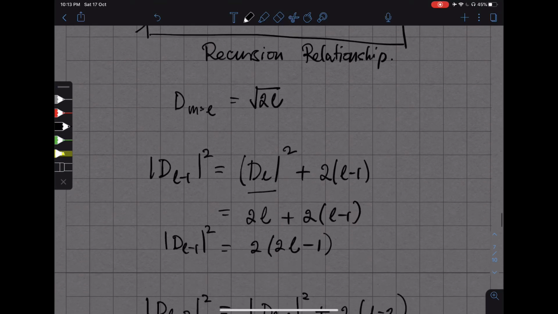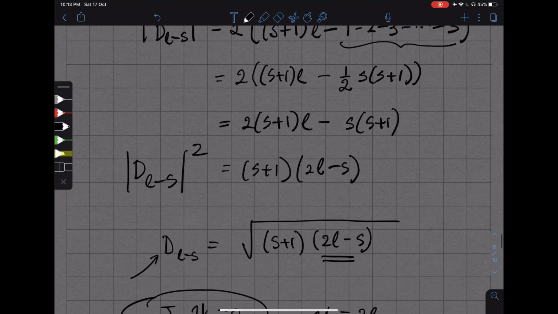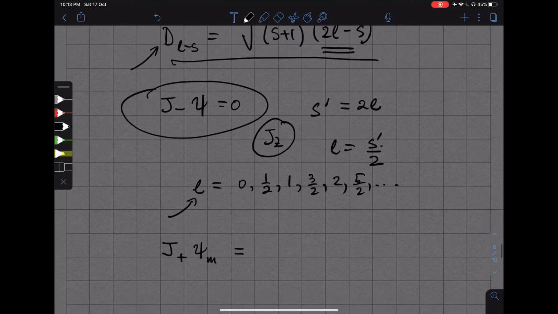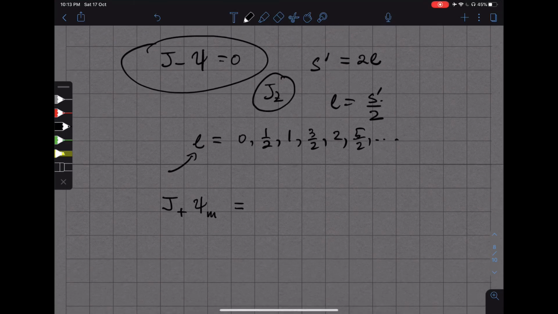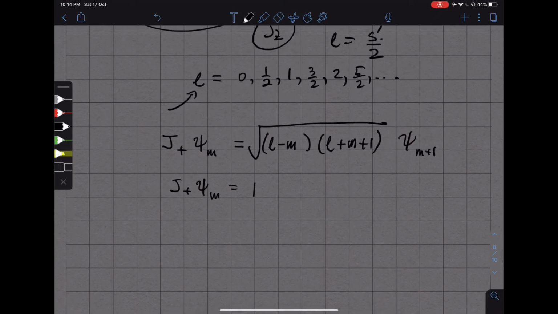And we found what the value of D in general is. So J plus acting on psi M is going to give me the square root of L minus M times L plus M plus 1, times psi M plus 1.